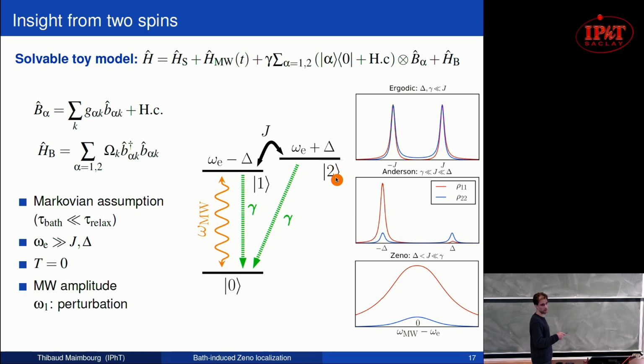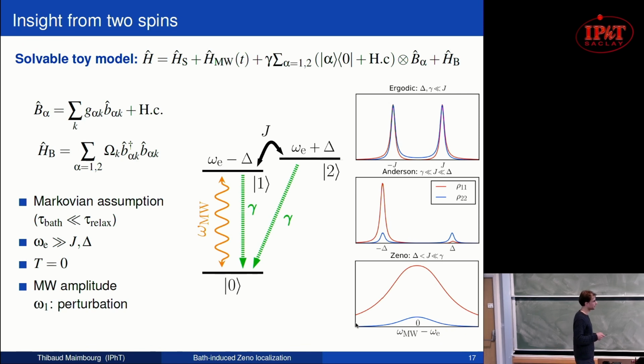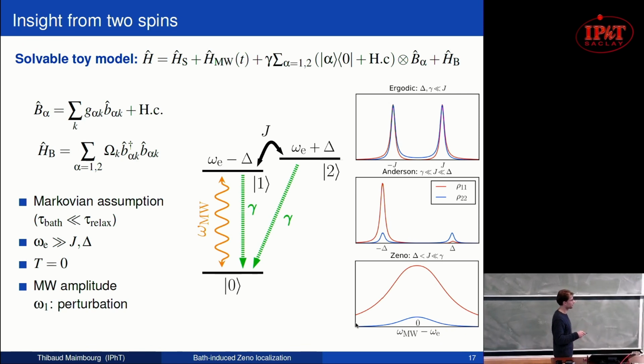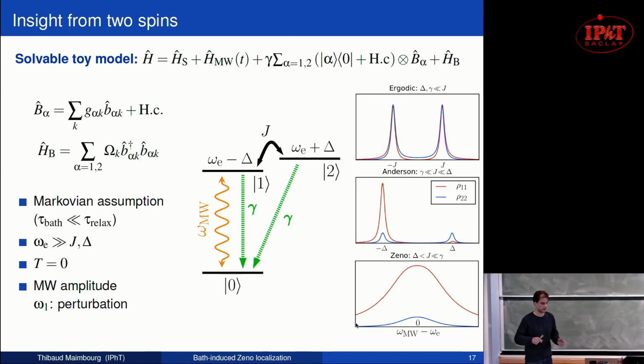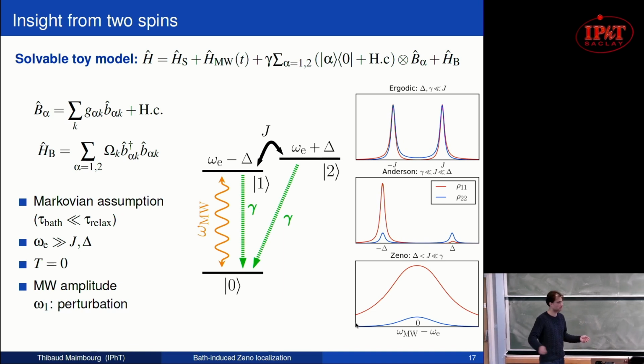So this state should be depopulated, but due to the interaction, it shares the population with state 1. In the case where you are ergodic, where the interaction is big, both populations are the same, so you have the same curve, as a function of the microwave frequency on the x-axis. This means that the interaction balances the population as you would expect for something thermal. You are putting the microwave on one spin, but it shares the energy with the other spin.